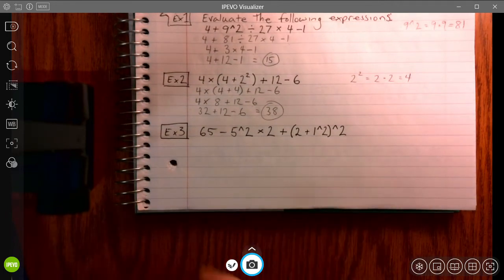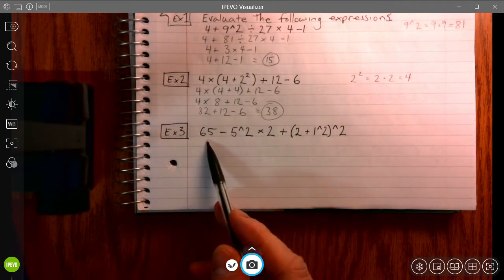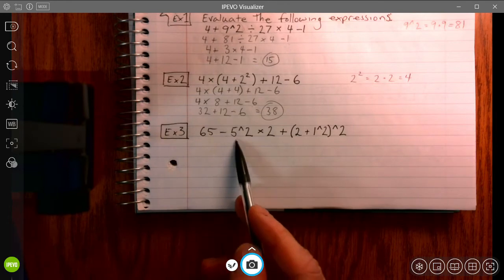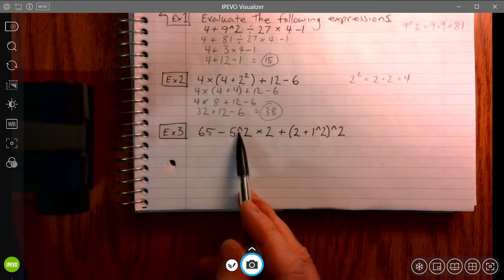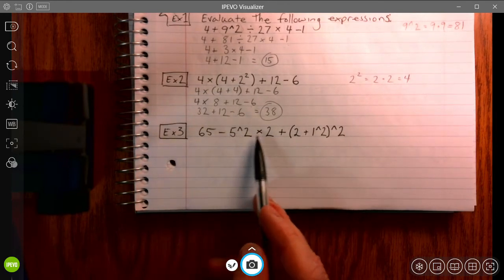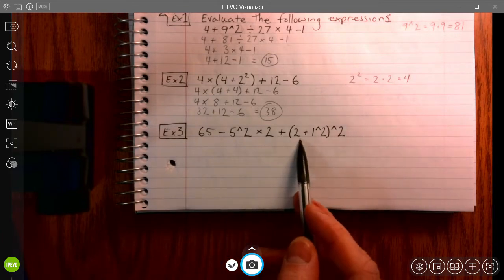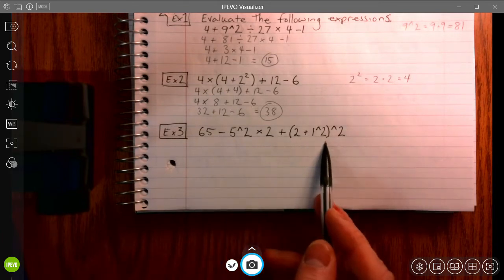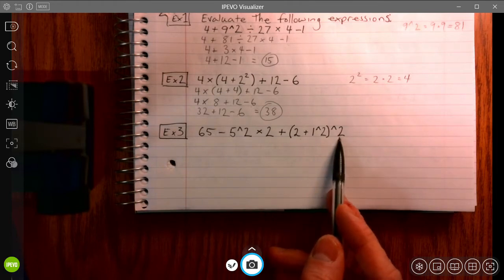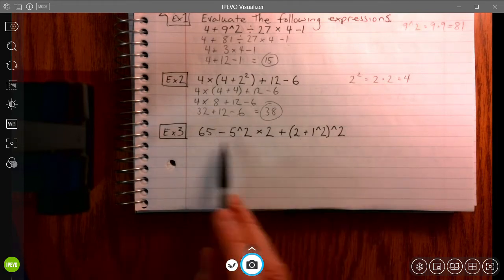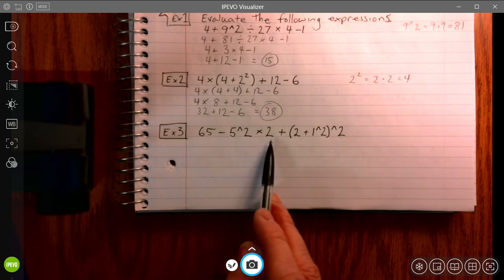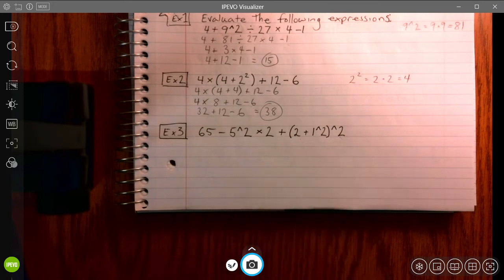Last example, I have 65 minus 5 squared, or 5 raised to the second power, times 2, plus the quantity 2 plus 1 squared, squared. 65 minus 5 squared times 2 plus 2 plus 1 squared squared.